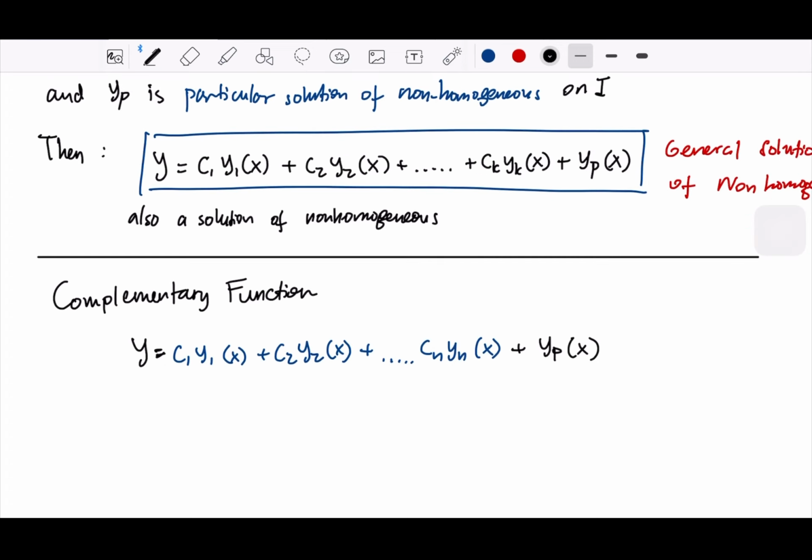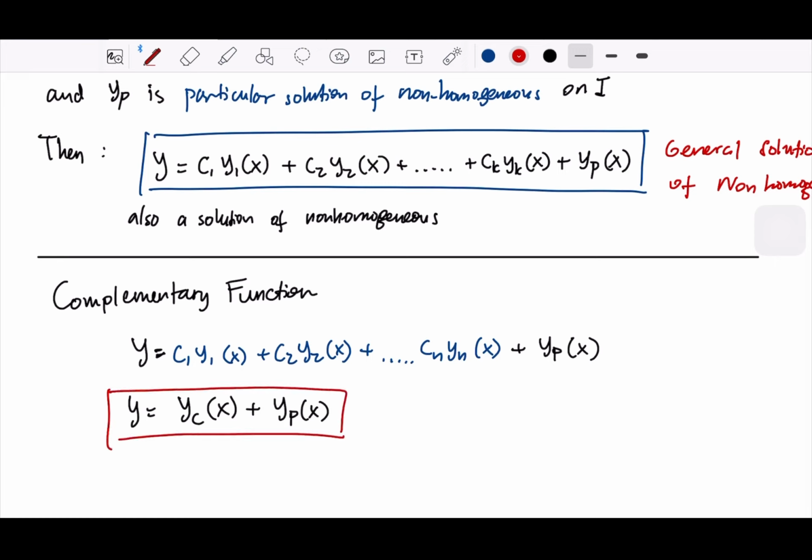Now we can simplify the homogeneous part with just yc of x, so we can simply write yc plus yp.